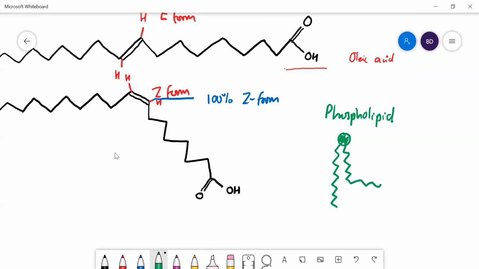And that's important because where the double bond is, we have a kink in it. In biology we would call this the hydrophilic head, isn't it? And that sits outside. And this is the hydrophobic tails.